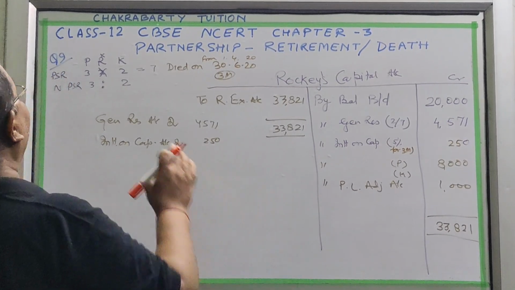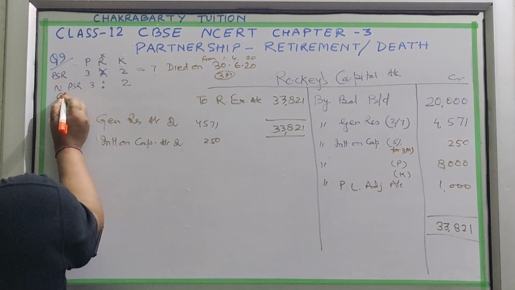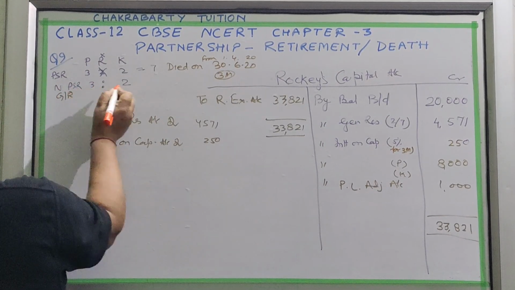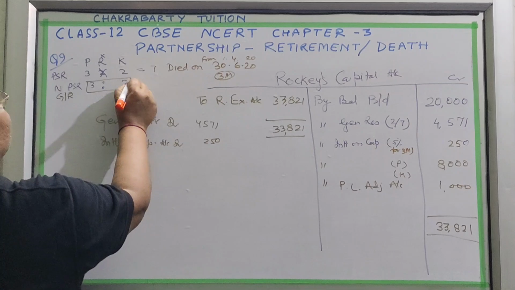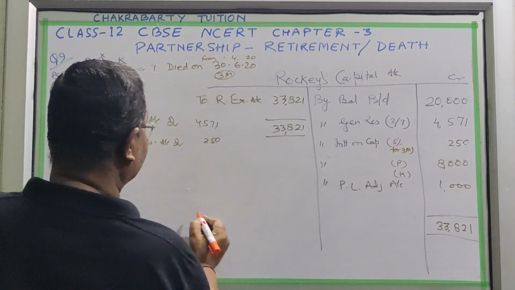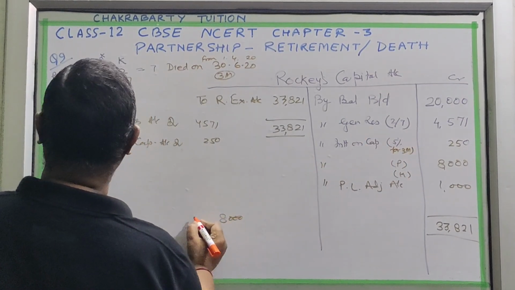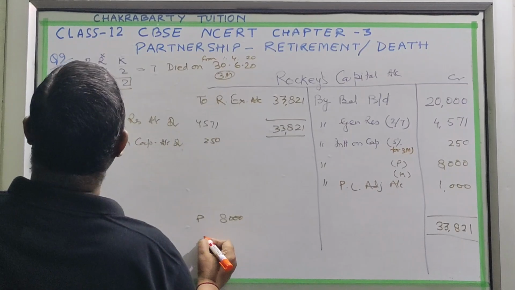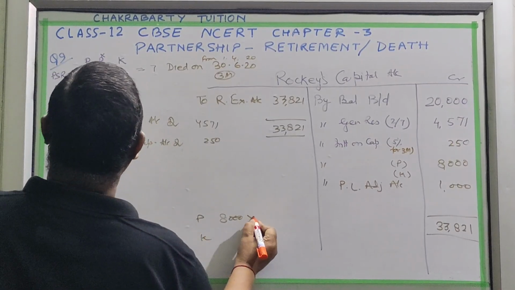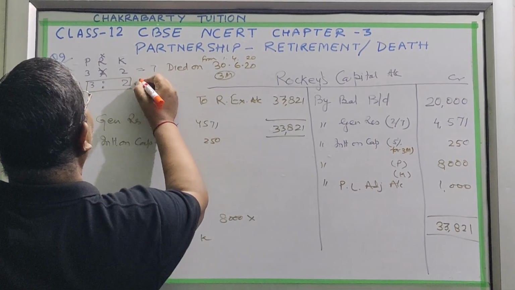In such a case, by default their gain ratio and new PSR will be the same. So this 8,000 we will divide among P and K. Total is 5.